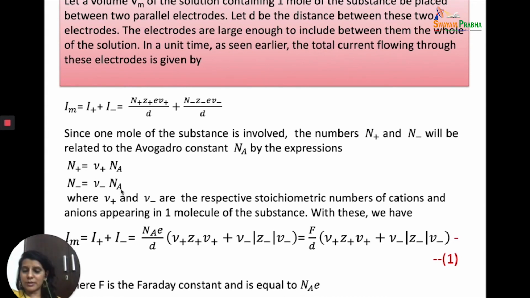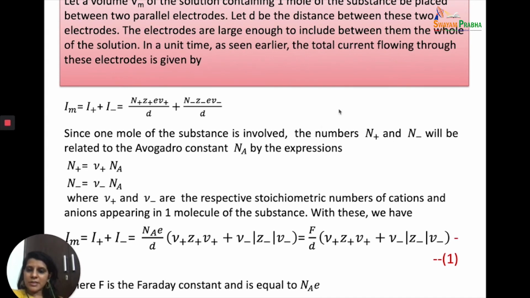To recall, 1 mole of calcium chloride carries 1 calcium cation and 2 chloride anions. So the number of cations is 1 into Avogadro number, and the number of Cl minus is 2 into Avogadro number.